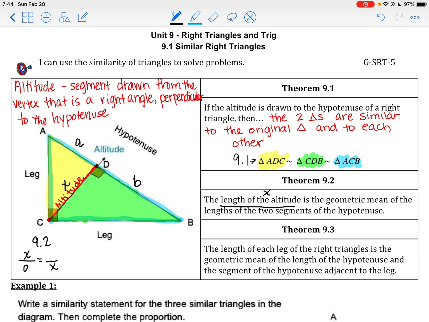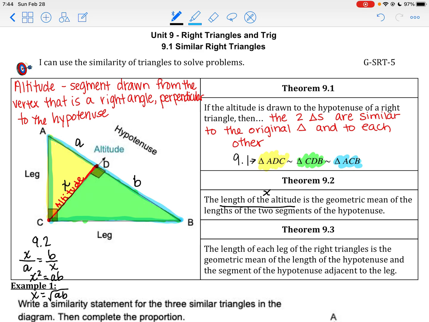So I'll put A at the bottom of the first ratio and B at the bottom of the second. When you do cross products, that says x squared equals the product of A times B, and then x would equal the geometric mean, which is the square root of the product. That's theorem 9.2.